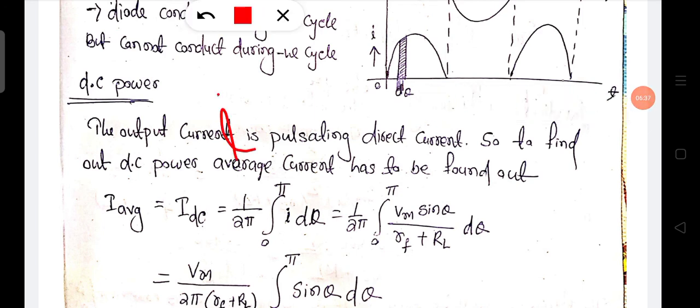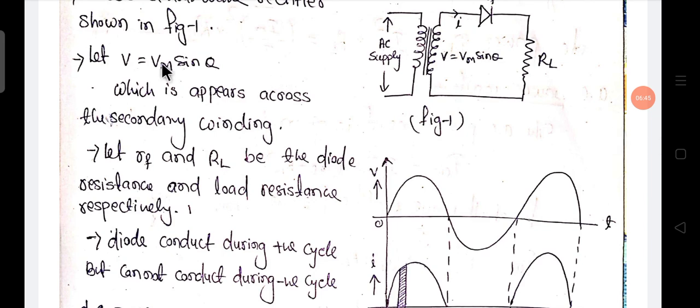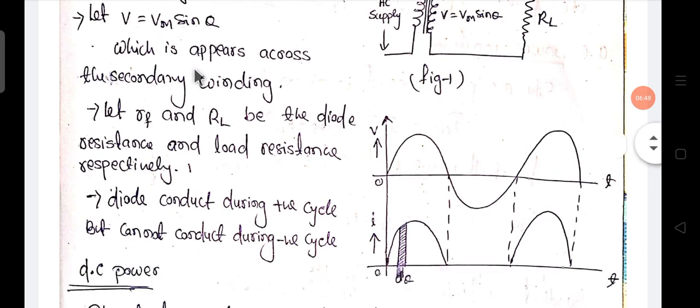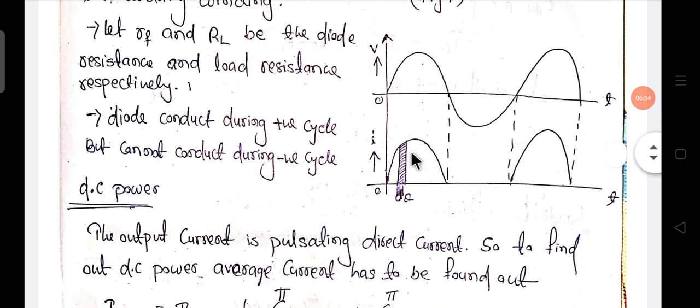We know i equal to V by R. Here V is Vm sin theta, and R is the sum of two resistances, Rf and RL.